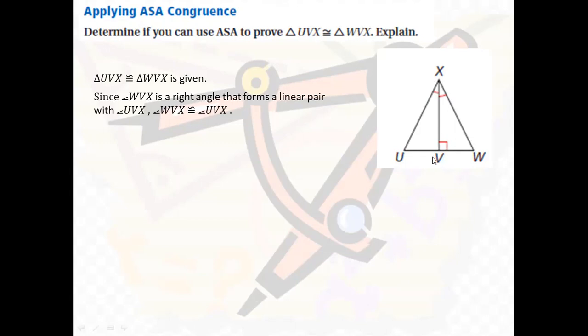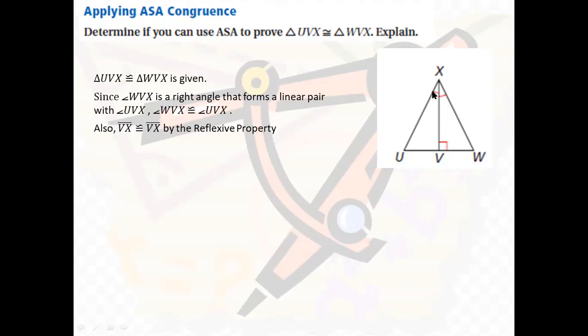I can say angle V equals angle V because both of them are angle V. But then anyone might get confused, which angle V are we talking about? So that's why we name it in this order. Both mean angle V, but we need to give the angle the proper name. So angle UVX is equal to, or congruent to, angle WVX, because both of them are 90. It's up to you how you write it.